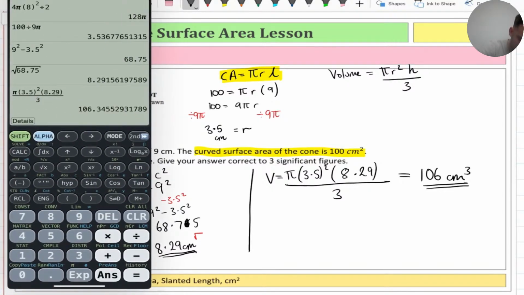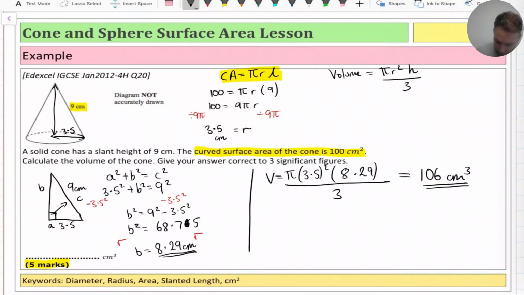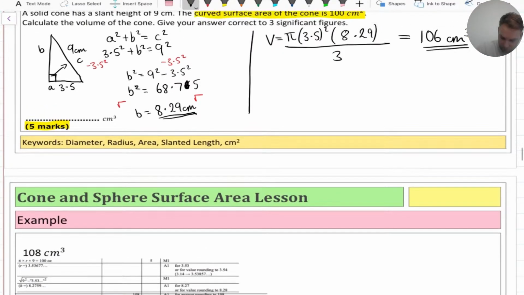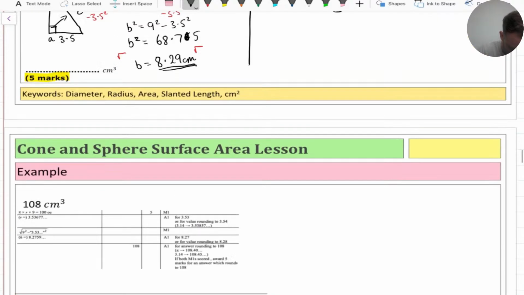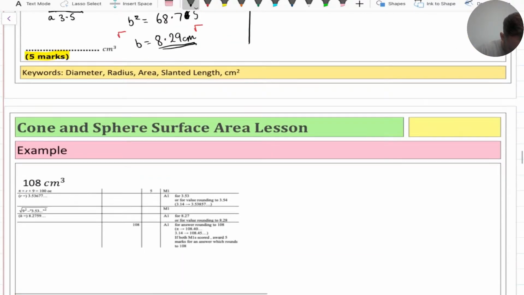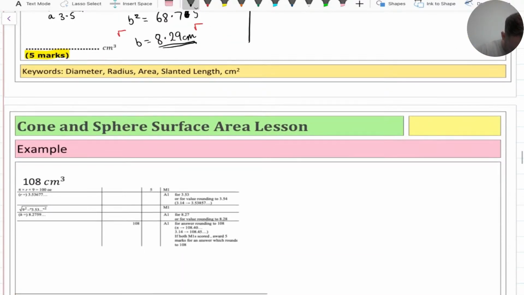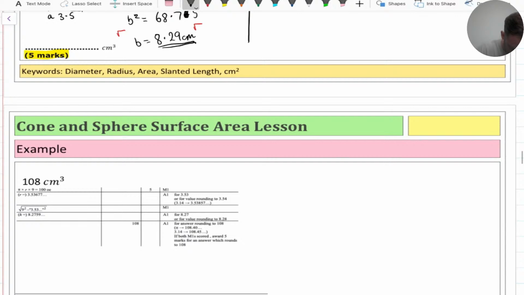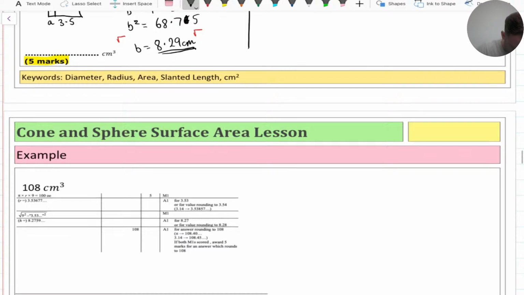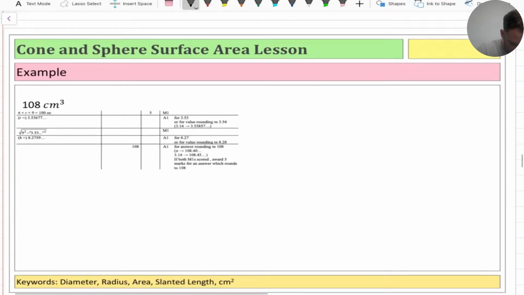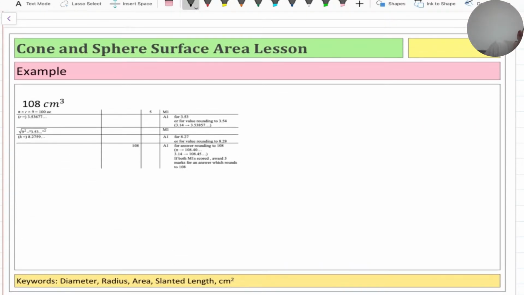Let's just check that. Where have I gone wrong there? I think a calculator error has made a mistake going forward. We have got all the answers right though: 3.5, 8.27.